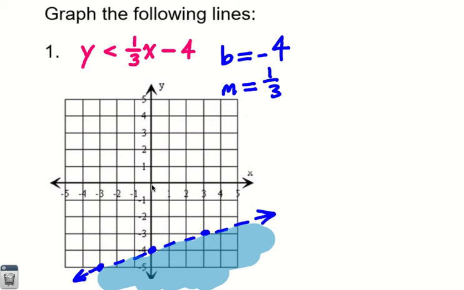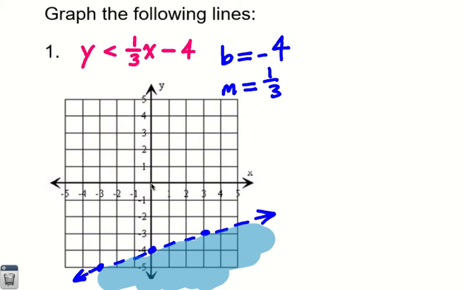What do you think the easiest point, the easiest ordered pair, would be? What pair of numbers would be the easiest to plug in here to see if that point is or is not a solution?